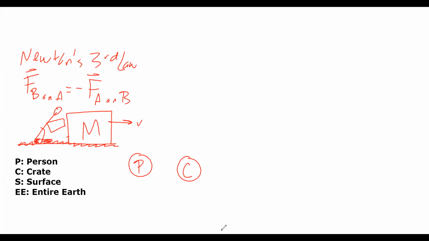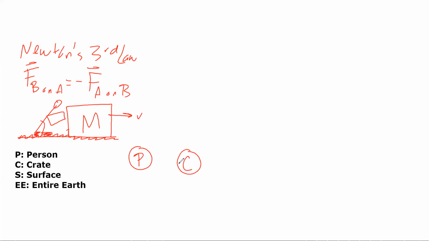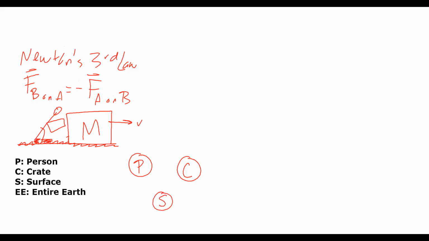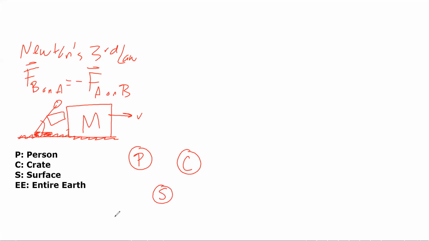I'm going to need a little bit of room. That should be enough room. Okay, and then we have the surface below it. And below that, we have the entire Earth. So double E. Okay, so this is more or less how we draw these.